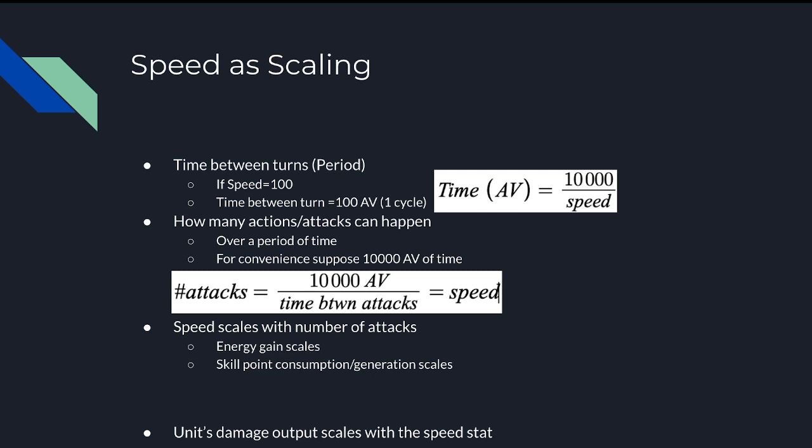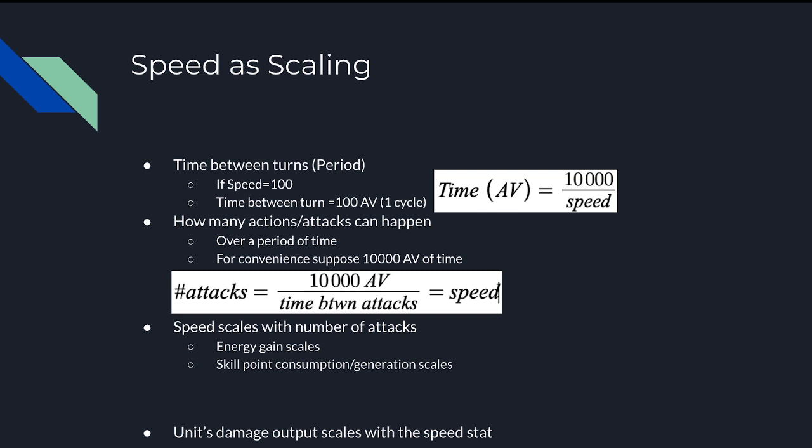So the formula is it takes 10,000 and it divides it by your speed, and that is your turn time. So the standard measure is if you have 100 speed, it'll take you 100 action values, or one standard cycle to complete.